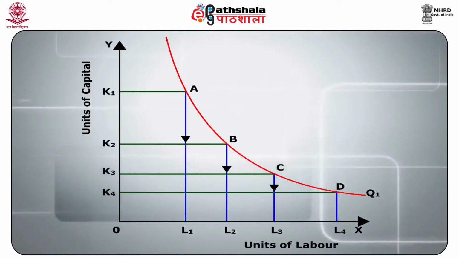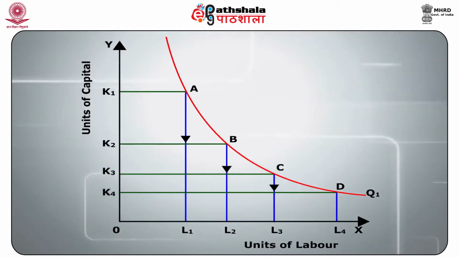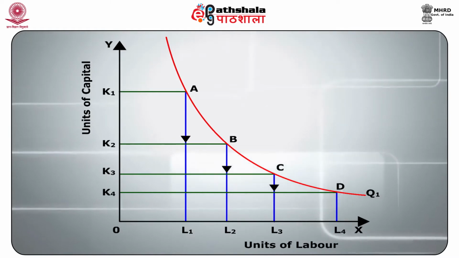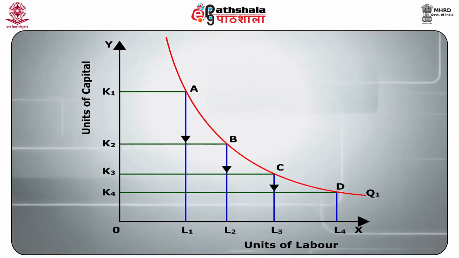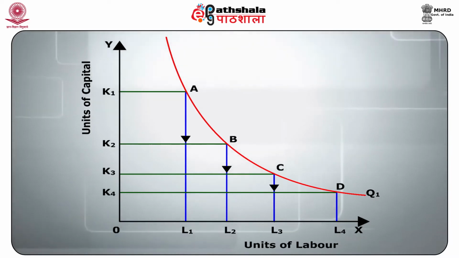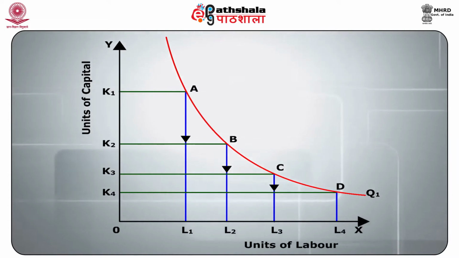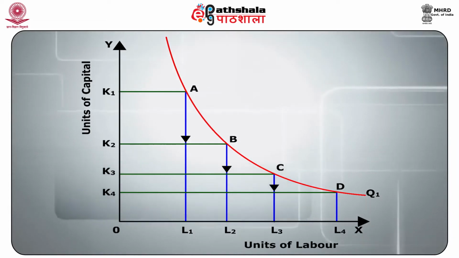The MRTS goes on declining as we move down on the isoquant, showing that the quantity of capital that is needed to be sacrificed by employing more units of labor declines so as to maintain the same level of output.